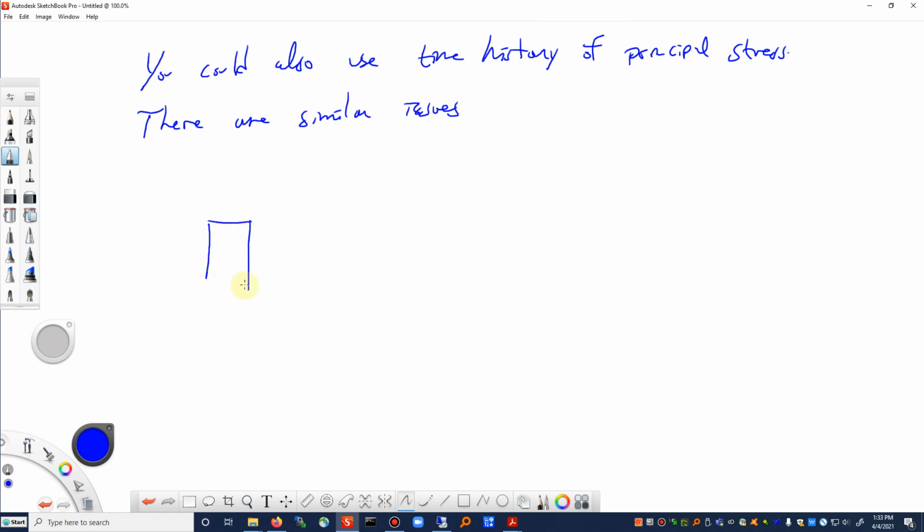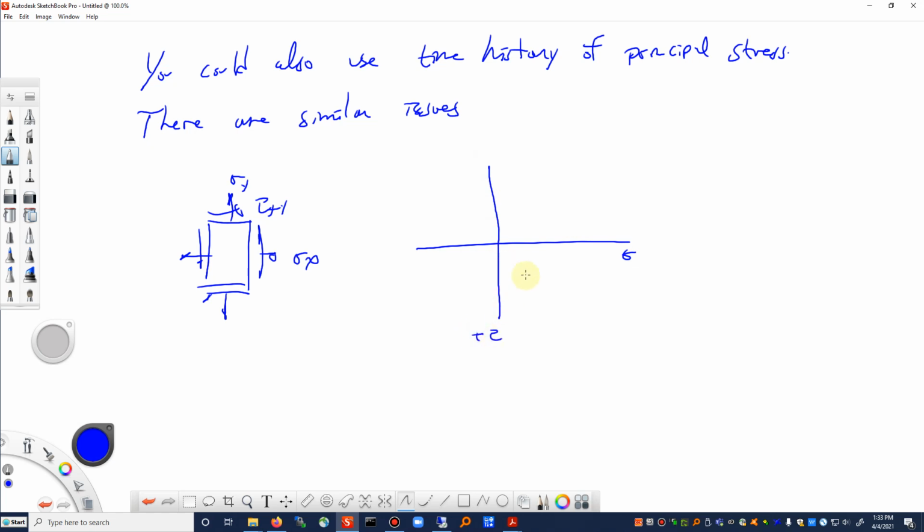So again, if we were to take a look at a stress block, maybe with sigma x, sigma y, and tau xy on it, and we were to think about the Mohr circle, I usually plot positive tau on the bottom.